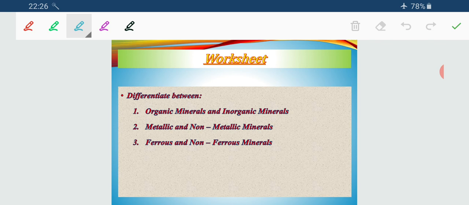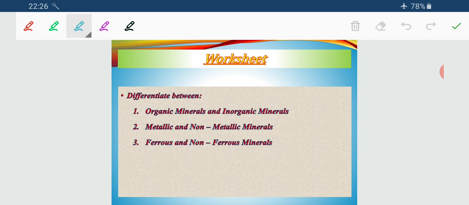And what will be the third point of difference? Organic minerals are basically there to generate energy. Organic minerals help to generate power resources, but inorganic minerals are there to be used in the industry to produce some tangible products.